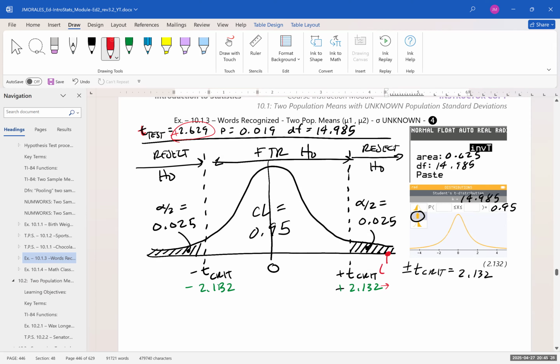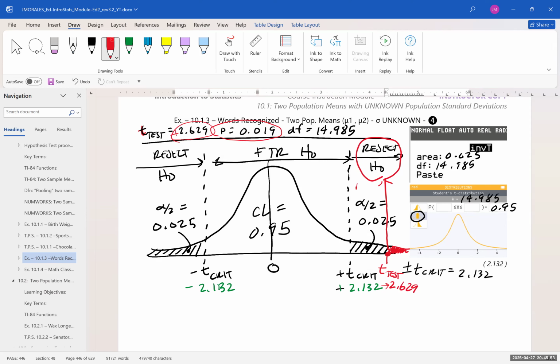So this is our T test statistic of 2.629. And if we go up from there, we're clearly going to be rejecting the null. And this area in that tail is half of that.